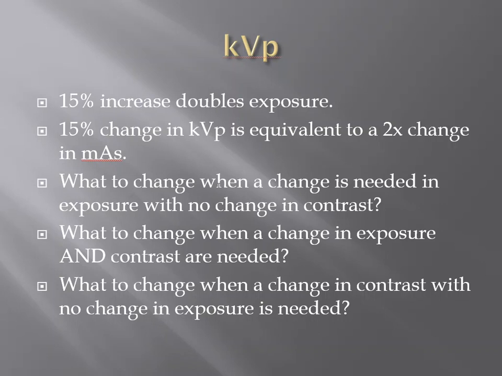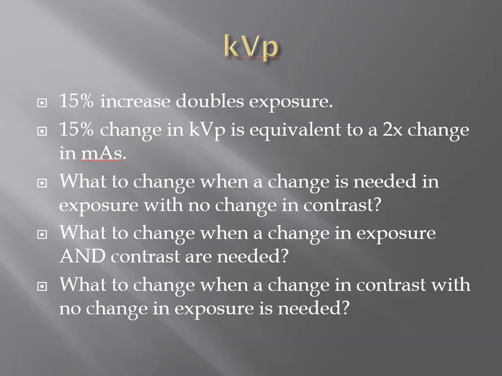So if we want a change in exposure with no change in contrast, then we don't want to use kVp. If we want no effect on contrast at all, then our technical factor to change would be our mass. If you want to change exposure and contrast, then you would change your kVp alone.